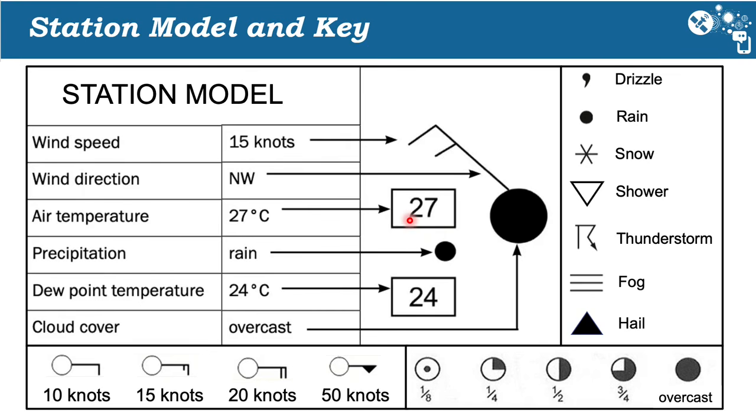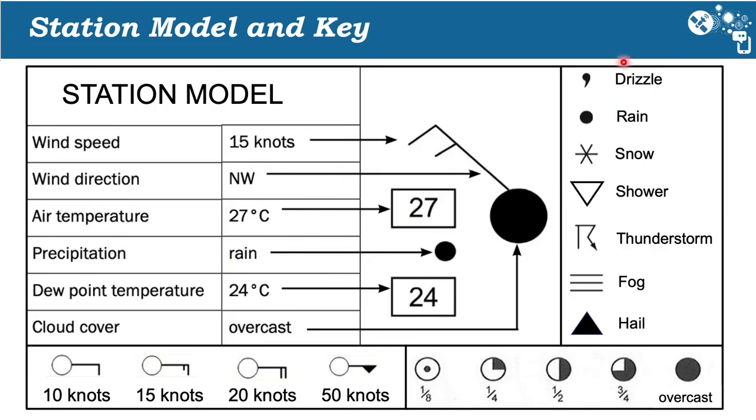The air temperature is 27 degrees Celsius. Notice I write it out in full, 27 degrees Celsius. The dew point temperature is 24 degrees Celsius, written out in full with the degrees Celsius symbol. The precipitation symbol here signifies rainfall.